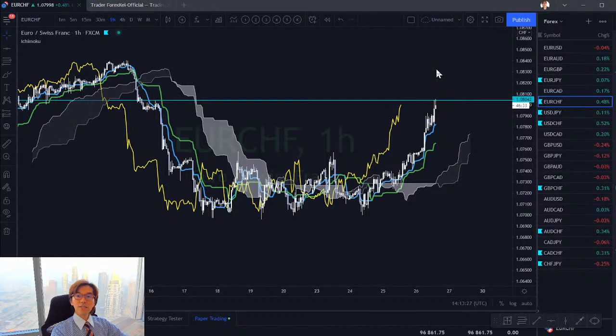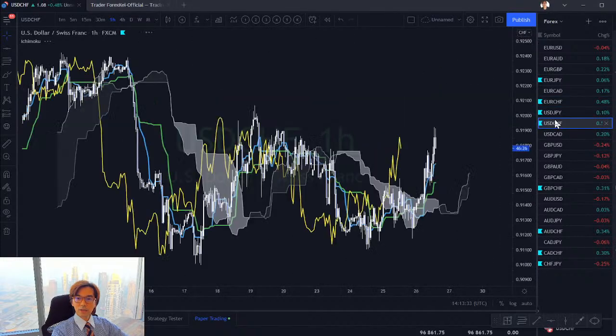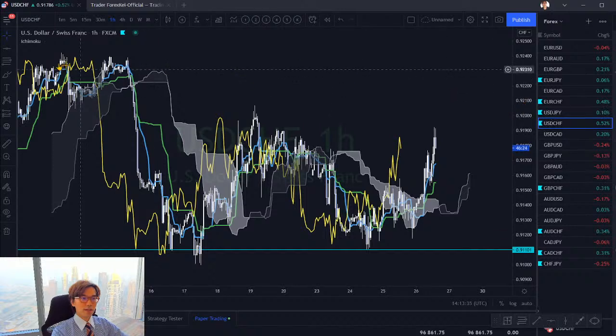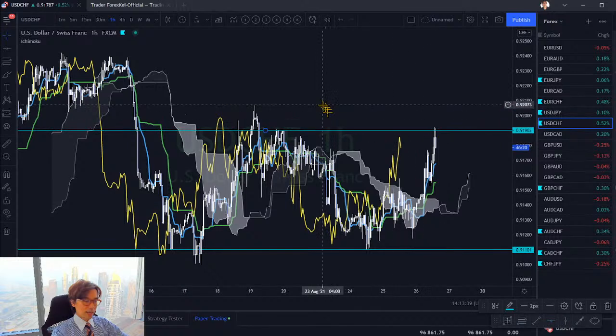But let's look at some other Swiss franc pairs. So this is Euro Swiss franc, and how about USD Swiss franc? The USD Swiss franc market is at this level, and you can also see that there were previous resistances here, so it might reverse backwards. In fact, it is reversing backwards now.